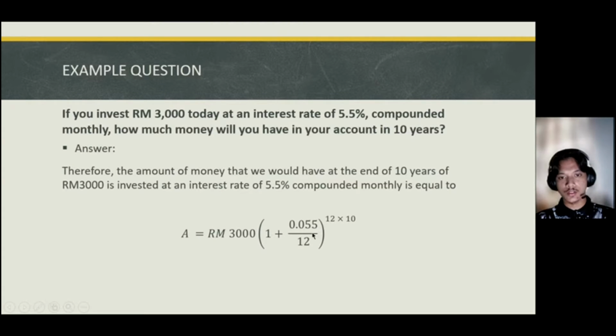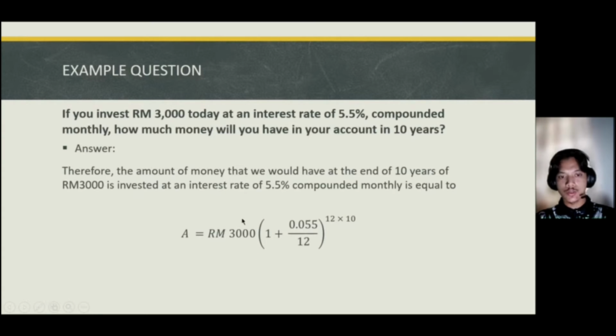This is the interest rate, R. 5.5%, we should change to decimals, 0.055, divided by 12. 12 is the compounded monthly, M. Close bracket, to the power of 12 multiplied by 10. 10 is the T, the time in years.